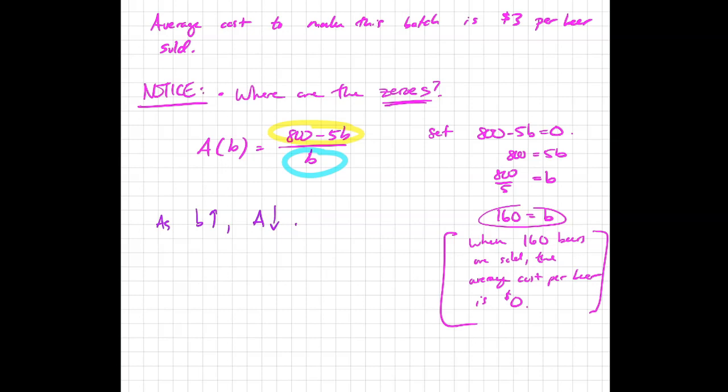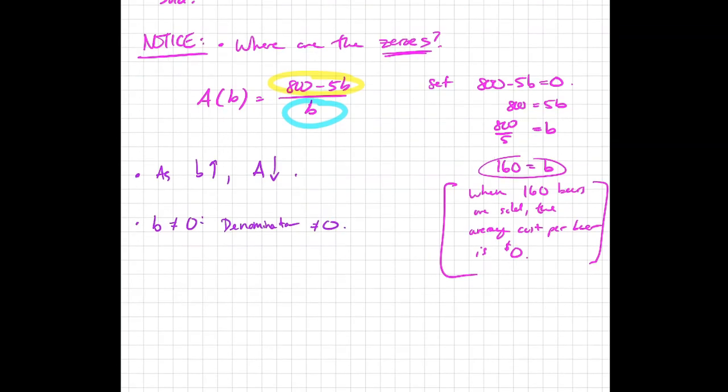So what are some things that we have to be careful of? Well, we know that b can never equal 0, right? Because we can't divide by 0. So this is important. In general, the denominator cannot equal 0. So what do we have here? We have what's called a vertical asymptote at b equals 0.